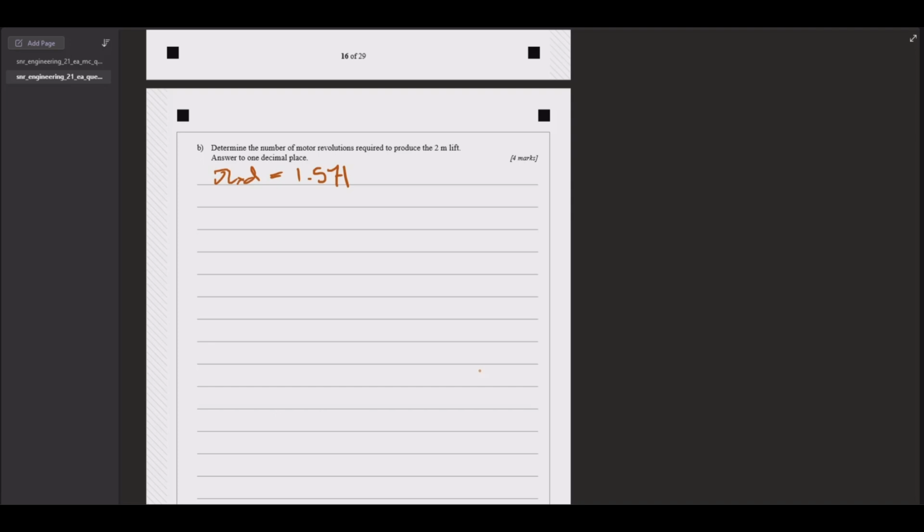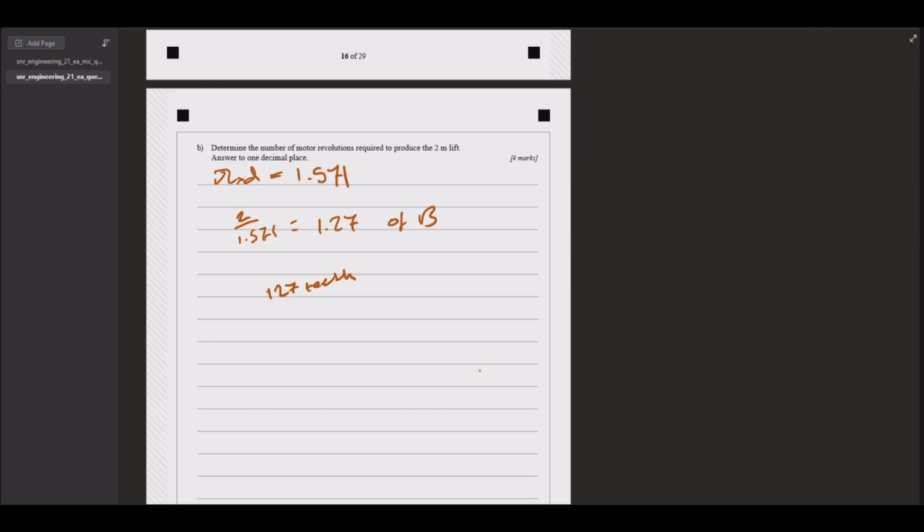And if we do 2 divided by 1.571, we're going to get 1.27 revolutions required. And because B has 100 teeth, that's going to be 127 teeth.